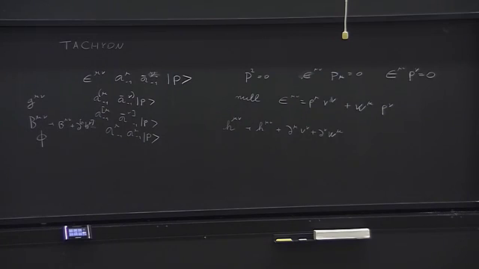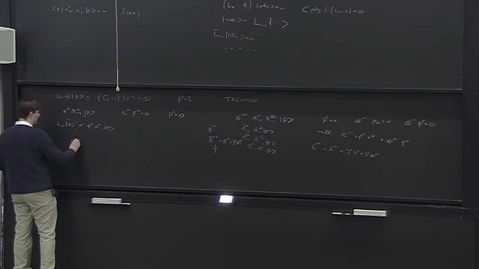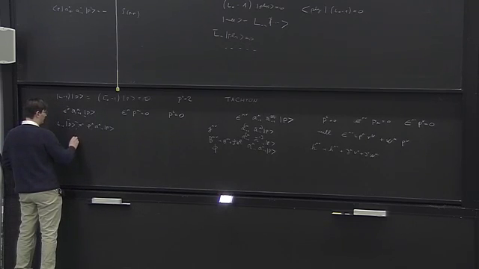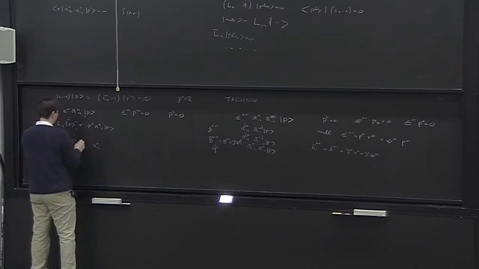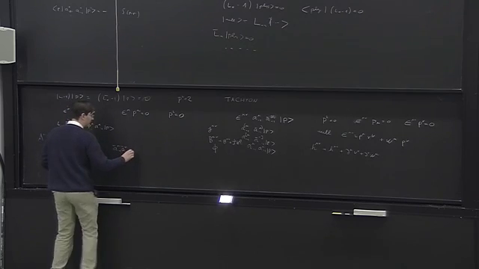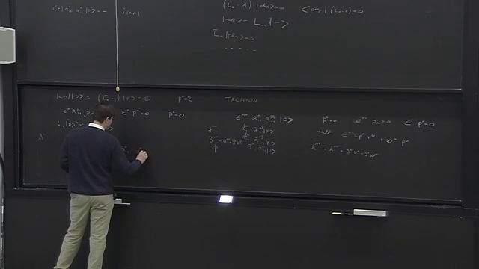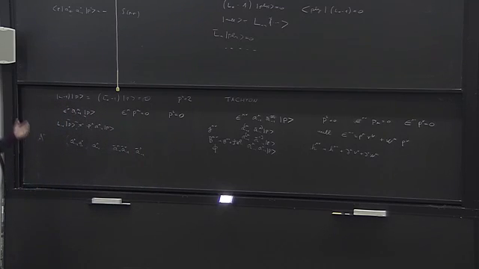So if you now look at the other string states, the ones that are built at higher levels, built out of things like A minus 1 mu, A minus 1 nu, or A minus 2 mu on the left, and the same things on the right, on the antiholomorphic side, then you get all sorts of other states.